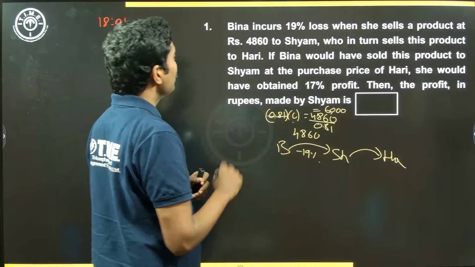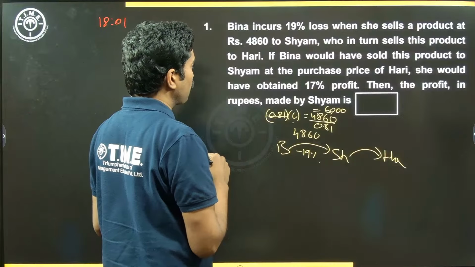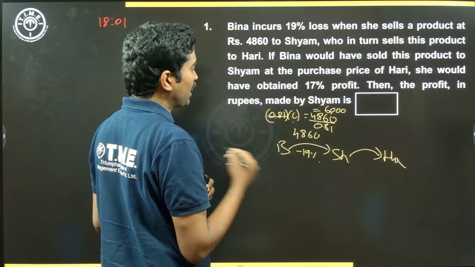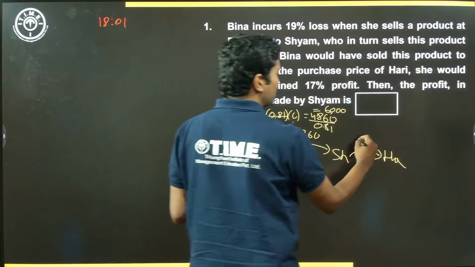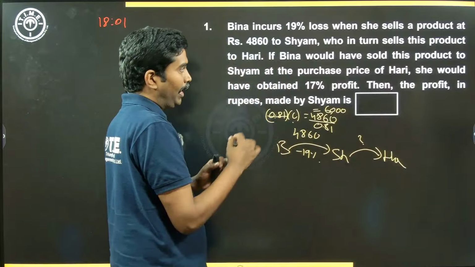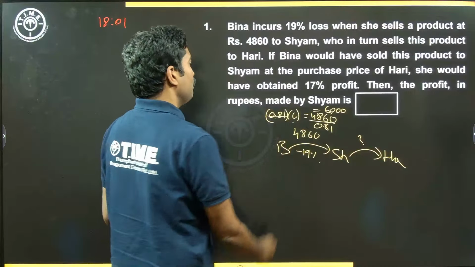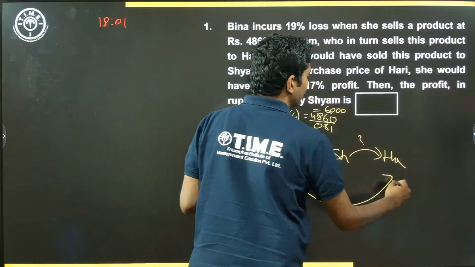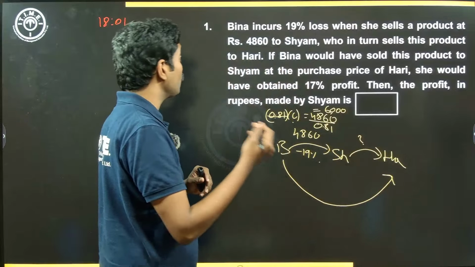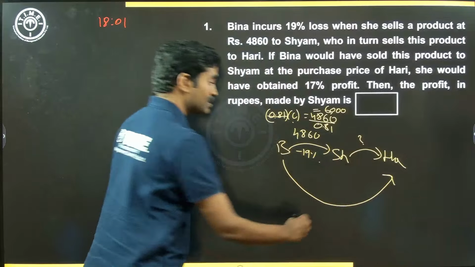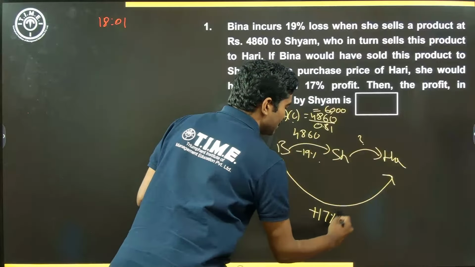Next step. Had Bina sold it directly to Hari at the same price at which Sham sold it, she would have obtained a 17% profit. So that's plus 17%.